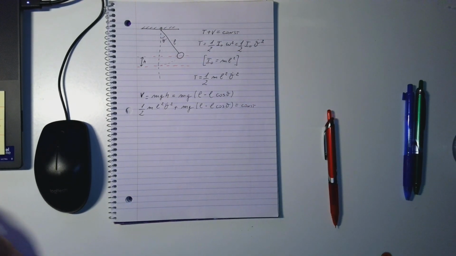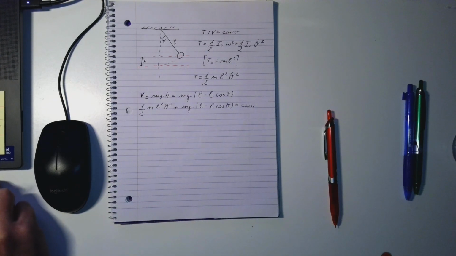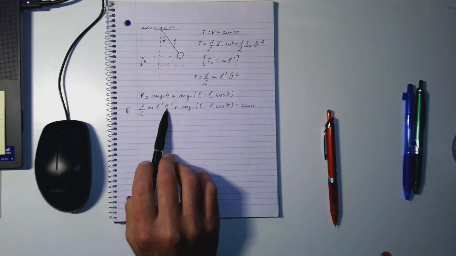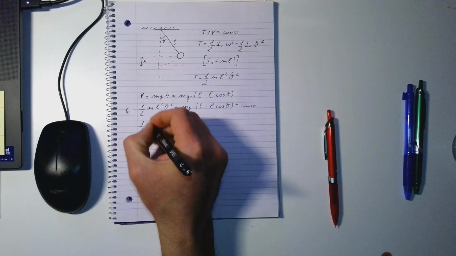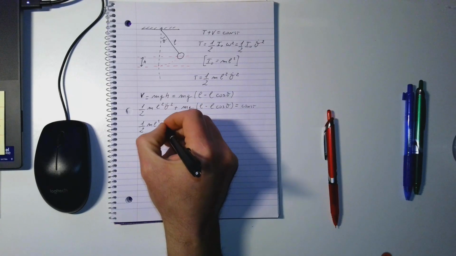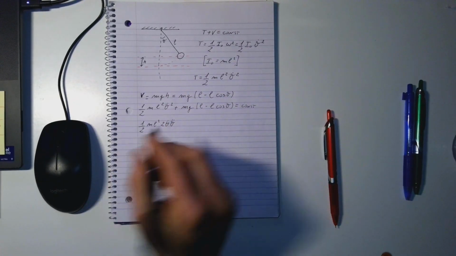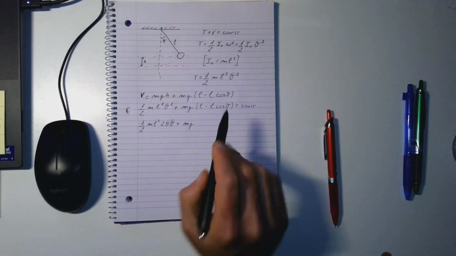So what can we do now? The exact same thing that we did before, so we can derive this expression. Of course we derive with respect to the variable theta, so we have 1 over 2 m L squared 2 theta dot theta double dot plus mg.